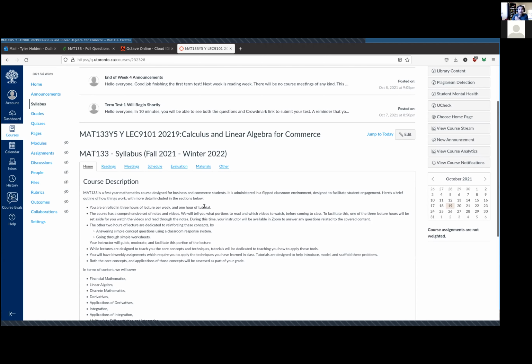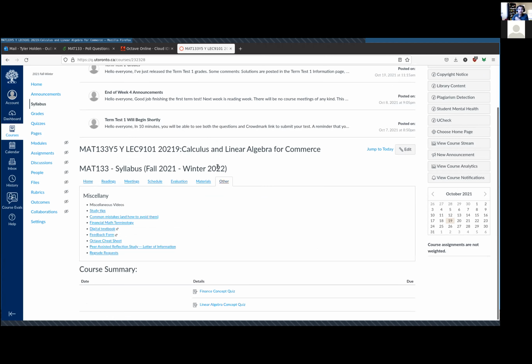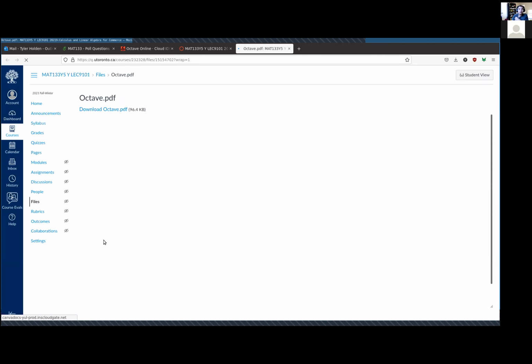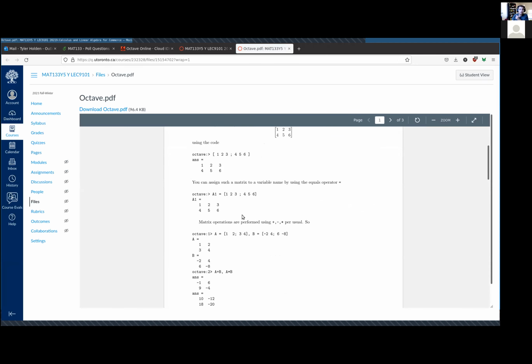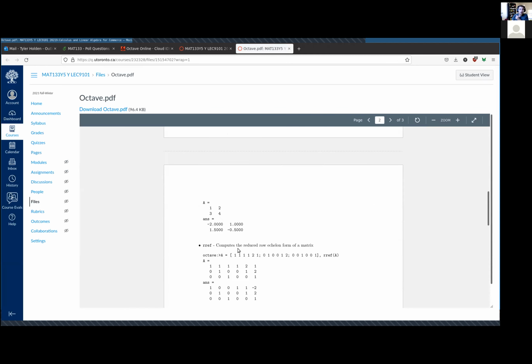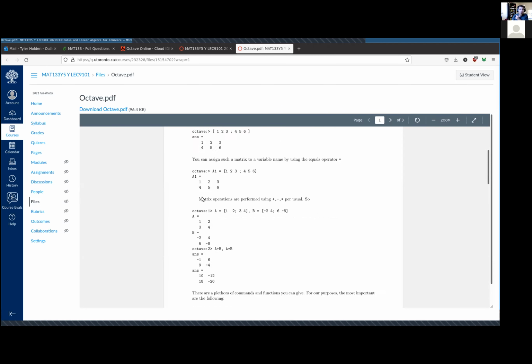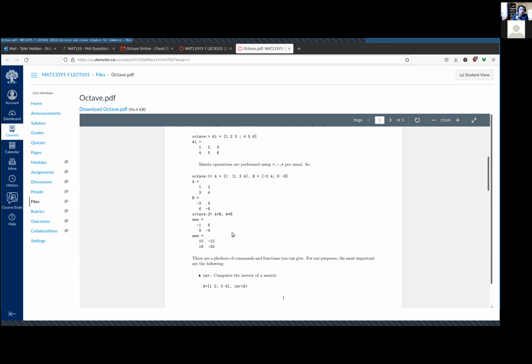Now, in Quarkus, if you go to Other, there's something here called the Octave cheat sheet. If you open this, it gives you just a quick little rundown on how to use Octave to do things. You don't need to know how to do this yet.